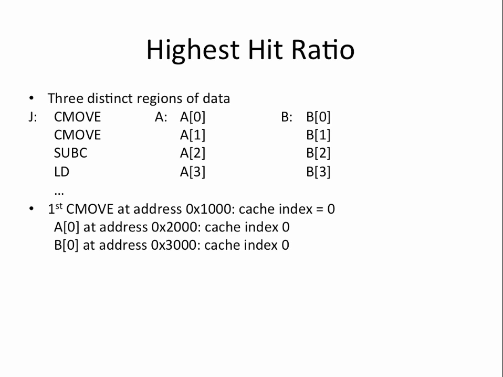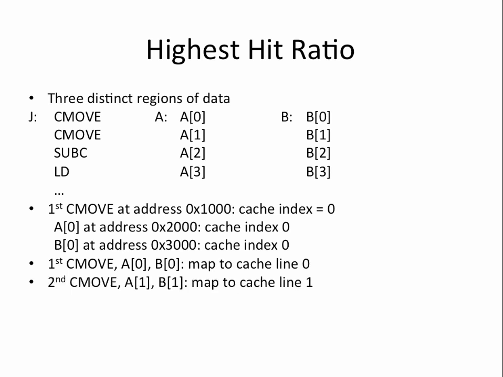Similarly, the first elements of arrays A and B are at addresses 0x2000 and 0x3000. These addresses will also result in an index of 0, regardless of which of the three caches you consider. So we see that the first CMOVE, A[0] and B[0], would all map to line 0 of the cache.